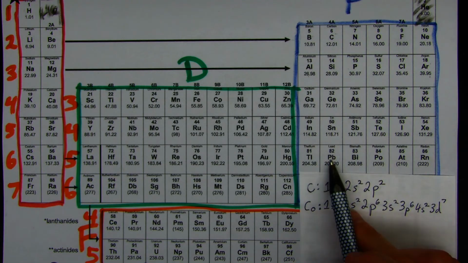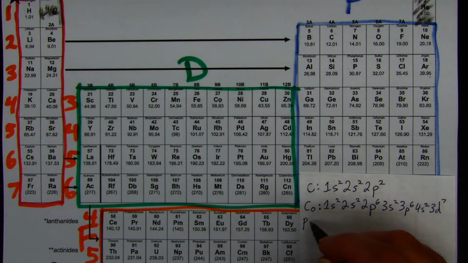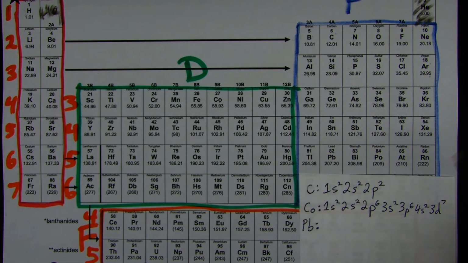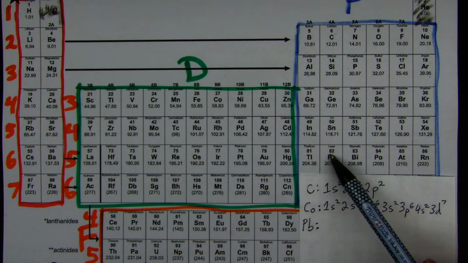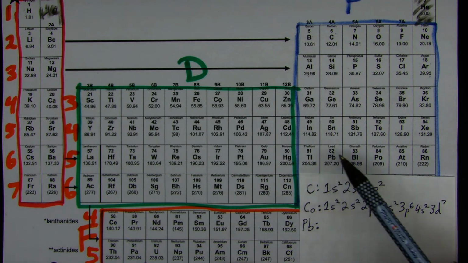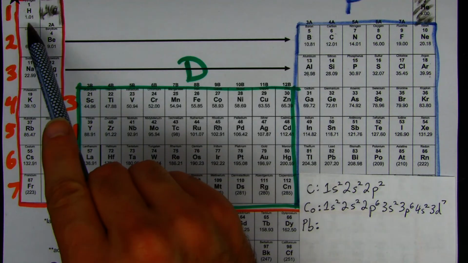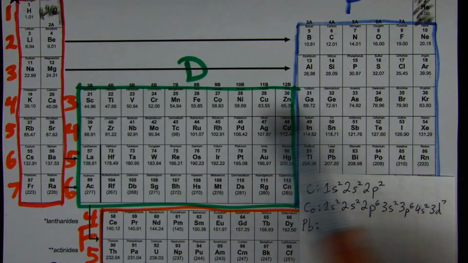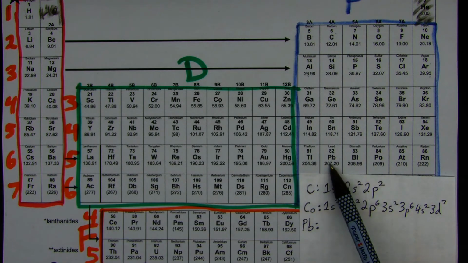Let's do lead. Number 82. We're going to do 82 electrons. So lead, PB. So same thing. We have 82 electrons. So we're going to start with 1 hydrogen and work our way through to get to lead. And then that's going to involve the F block, and I'll show you something there.